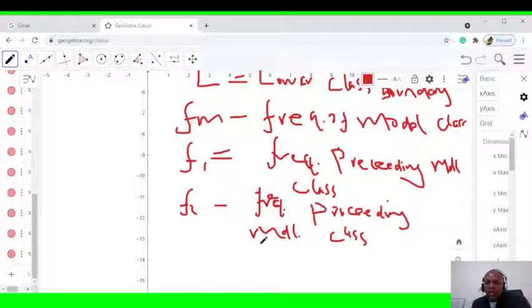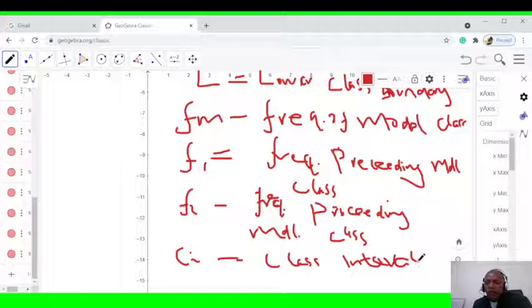I've written model in short. And then of course we have said that CI stands for the class interval of the model class.